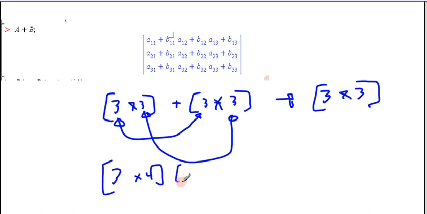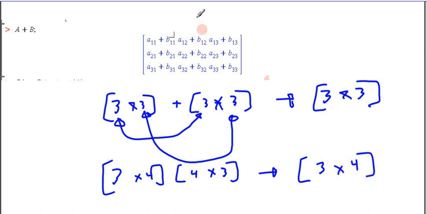That would be perfectly okay. 4 by 3 is. So they have to be the same in order for me to add them together, because when I get done, I'm going to have a 3 by 4. Well, I guess I blew that, didn't I? So they have to be the same, 3 by 4, 3 by 4. And if they're not the same, I can't add them. It won't be allowed.